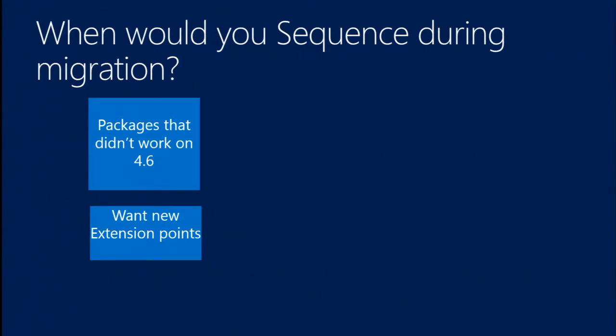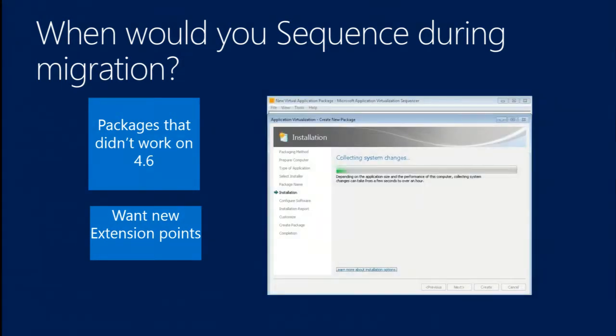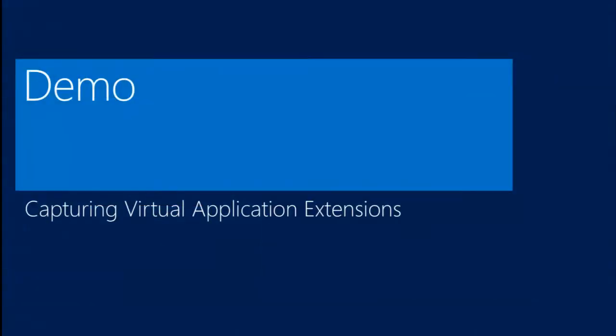So you'd convert the package, and then all you have to do, you don't have to resequence it, is just take the package, open it up for upgrade in the sequencer and save it, and you'll get all the new extension points. Now, the batch process you have available, and then having to go into the GUI, is kind of complicated. So better would be, how could you do this with PowerShell in a very straightforward way? So we're going to take a look at that right now.